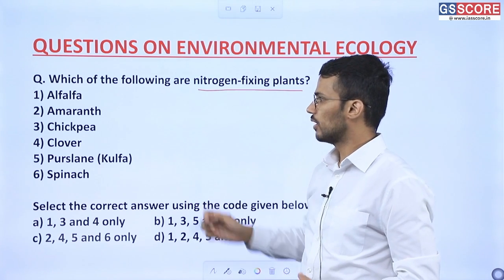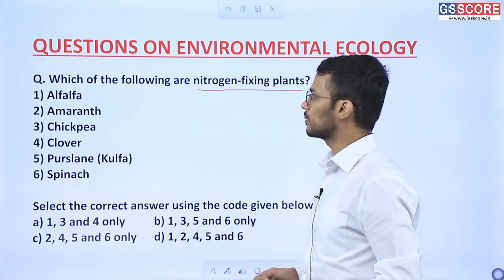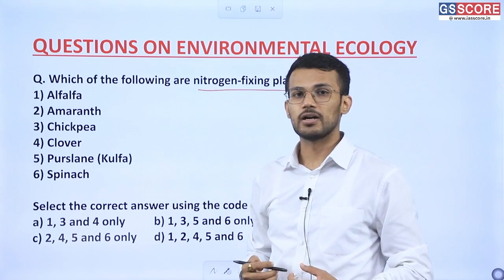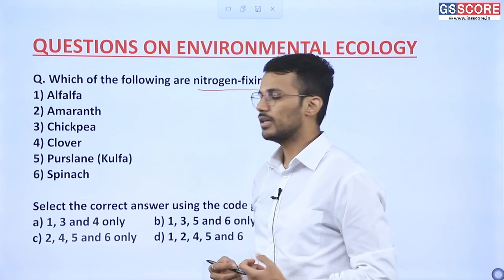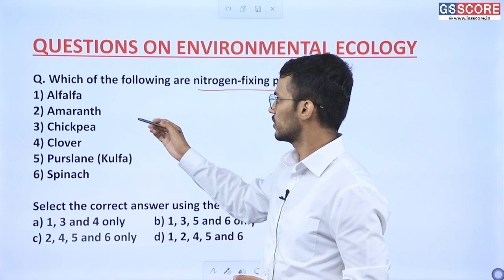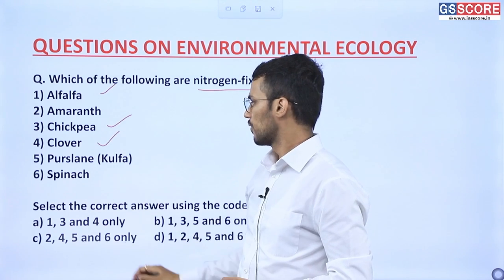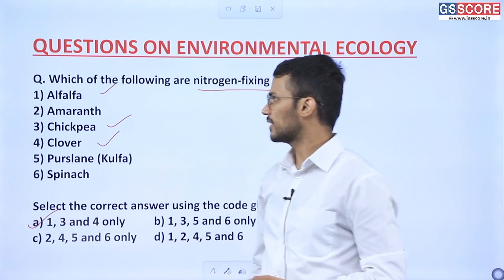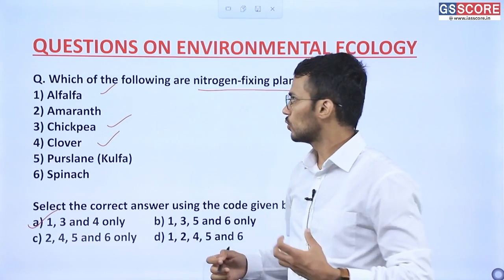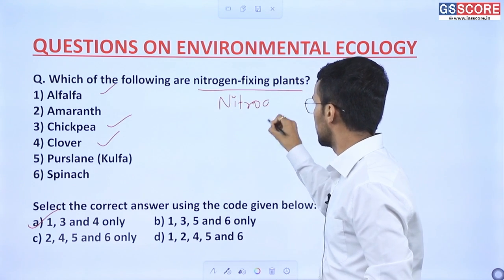So they have given a few statements where they have mentioned different plants, and we are supposed to find out which are the plants that play an important role in nitrogen fixation. So the answer for this question is alfalfa, chickpea and clover, right? That means A is the correct answer for this question, right? So this was the question from the nitrogen cycle.